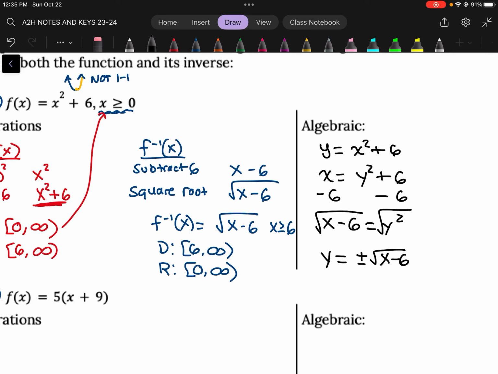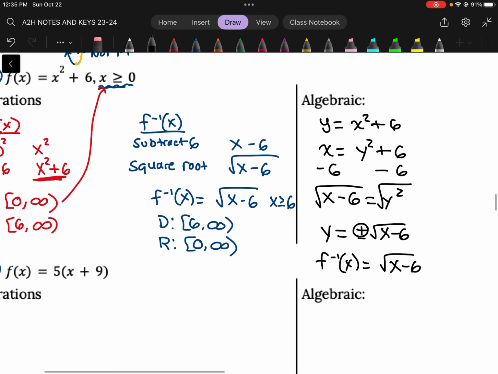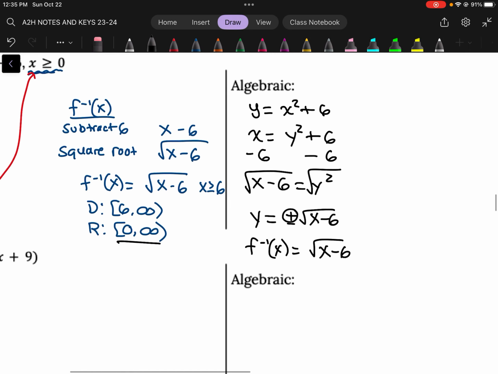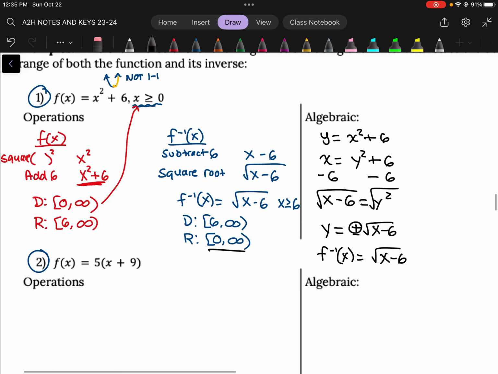We have to ask ourselves, if the x values are greater than 0, right, that means the y values have to be greater than or equal to 0 in the inverse, right? So we're only going to take the positives here, right? So f inverse equals the square root of x minus 6. That has to match up with the fact that our range is 0 to infinity, right?